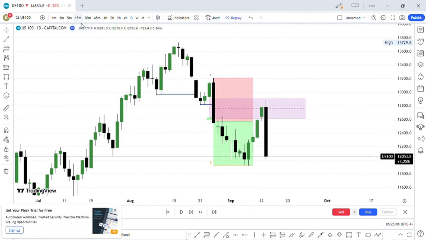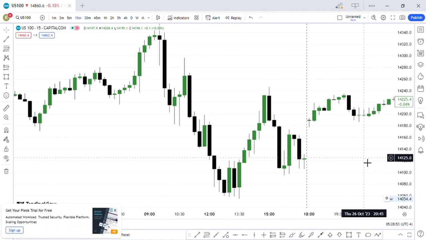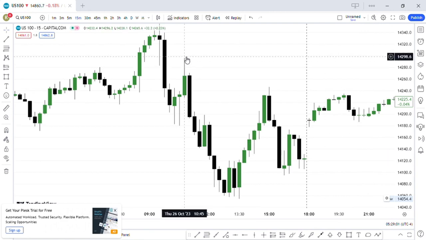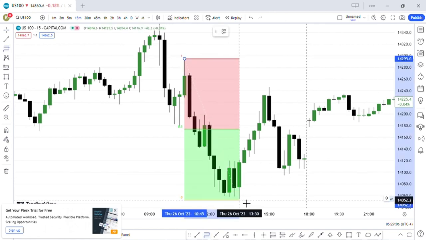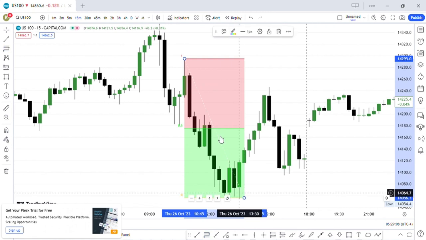Let's go to the 15 minutes. Okay, guys, for our next example, we're on the 15 minutes, still on the US 100. What you have is this swing high and this swing low. So you plot your fib from this swing high to this swing low, and we have our 0.5 here, our equilibrium. Then you look into the premium market before we sell. What do we have in here?